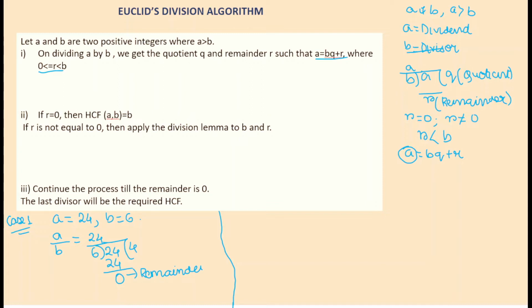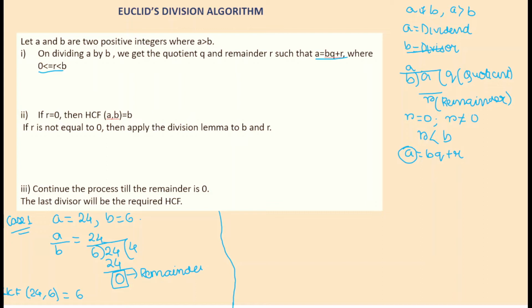As the remainder comes out to be 0, we can say that the HCF of 24 and 6 is equal to the value of the divisor, that is 6. Simply, the value of the divisor will give me the value of the HCF.